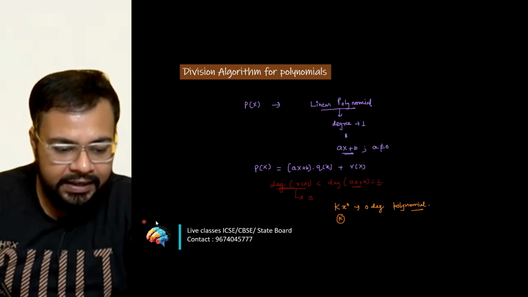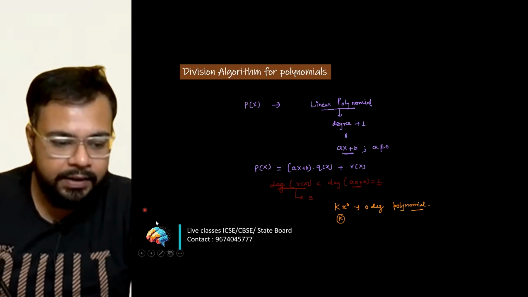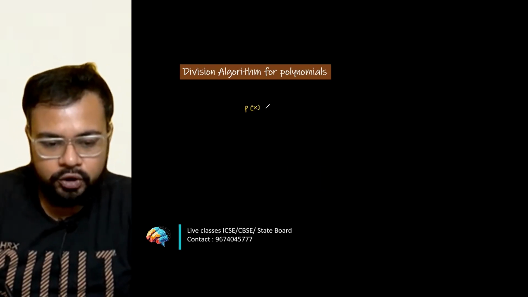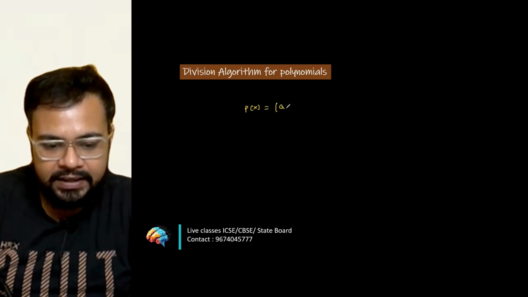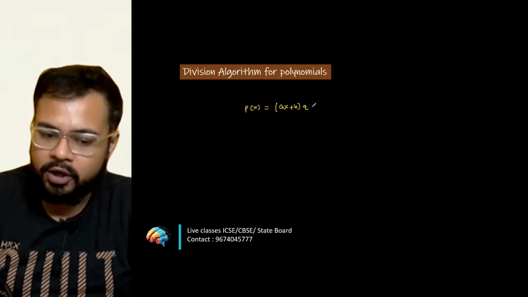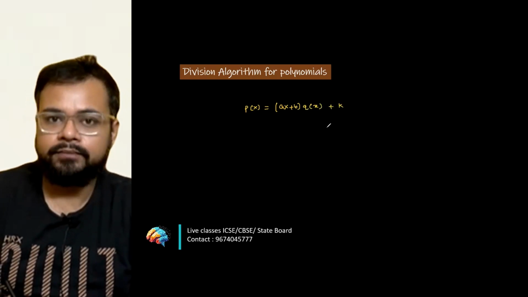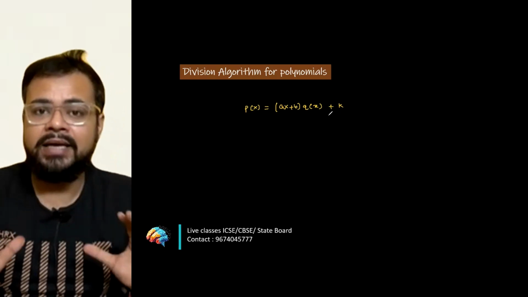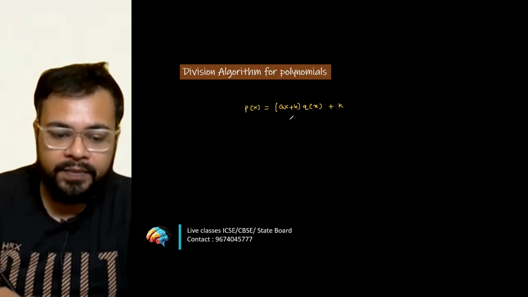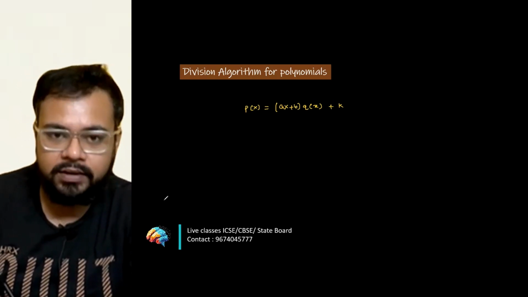So if I rewrite the division algorithm for the divisor being a linear polynomial, I would get something like this: p(x) equals the divisor, ax plus b, times the quotient polynomial, which could be anything, plus a constant. This is the main idea for the remainder theorem we are building. Now, what does the remainder theorem say? Let's look at the statement, then I'll explain.